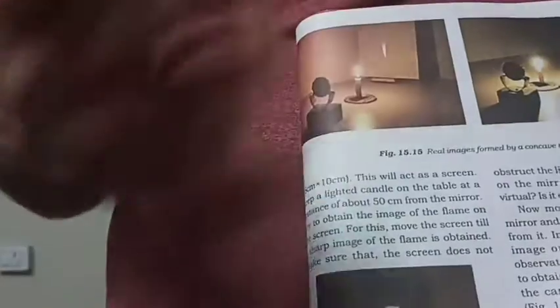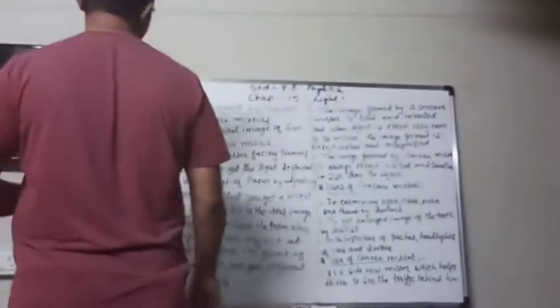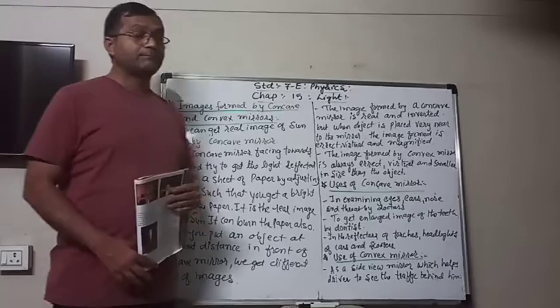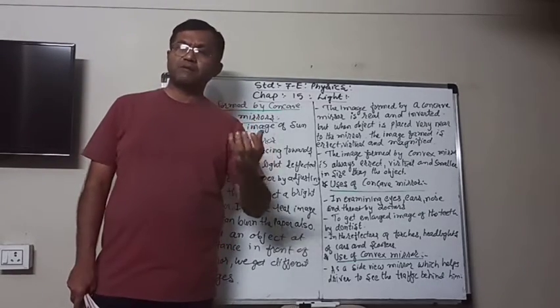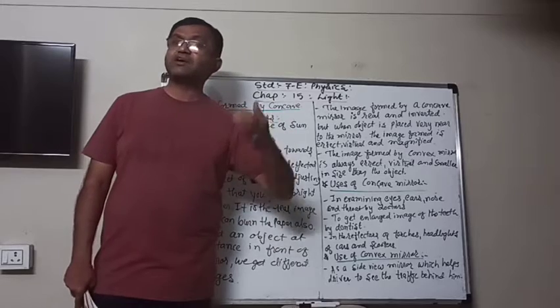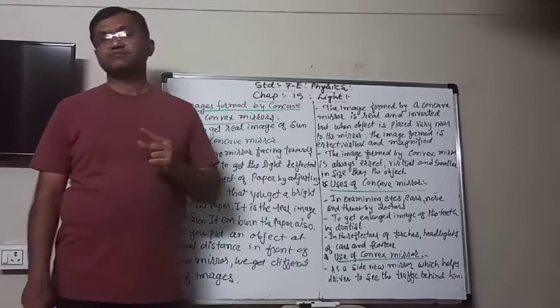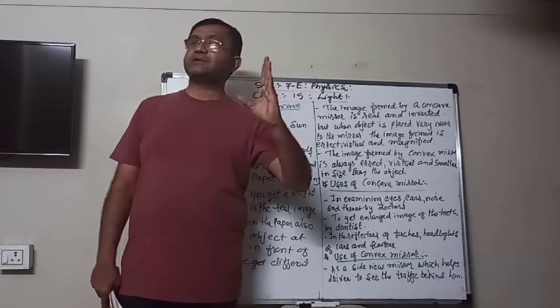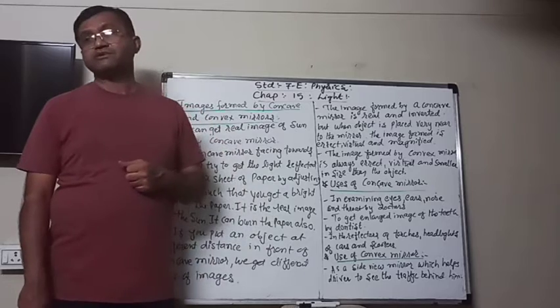So if you put it at a different distance, you will get different images, and all the images will be inverted and real images. But if you bring that candle very close to the mirror, then only you will get the erect and virtual image.